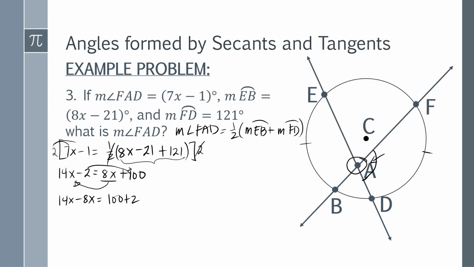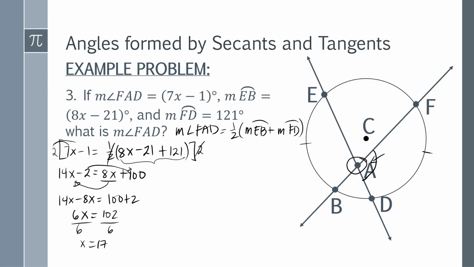And 14x minus 8x, if you guessed it correctly, is 6x. I mean, 6x is equal to 102. Very good. Then divide both sides by 6. Okay? Divide both sides by 6. So therefore, your x is 17.